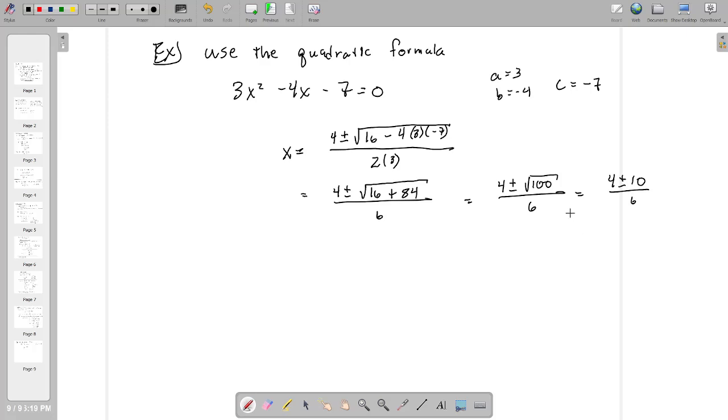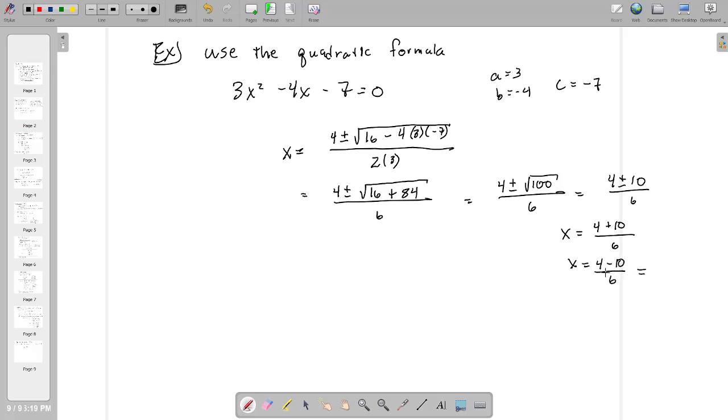So I want to note here, this is very, very important. There are two solutions here. x is equal to 4 plus 10 divided by 6, and x is equal to 4 minus 10 divided by 6.